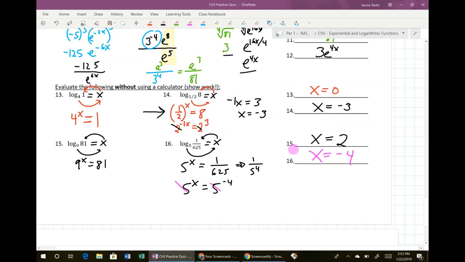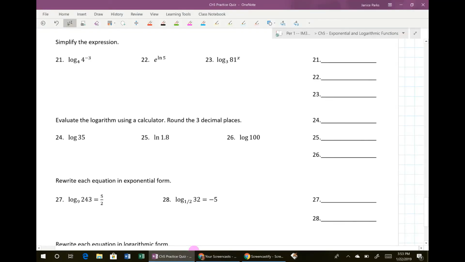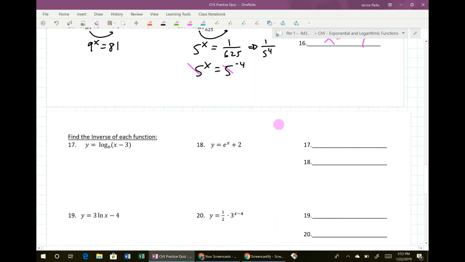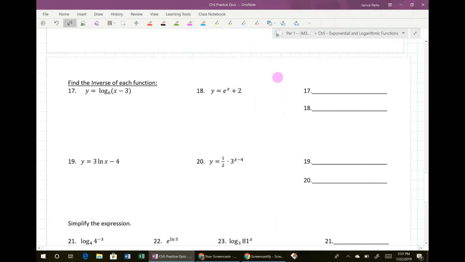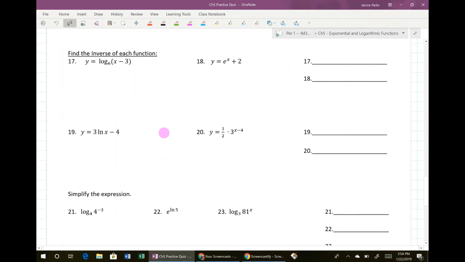Continuing this video, we're going to do the last page of the Chapter 5 quiz review. For inverse functions, there are a few steps. The first thing to remember is that if it starts off in logarithmic form, like 17 and 19, your final answer will not have a log in it.